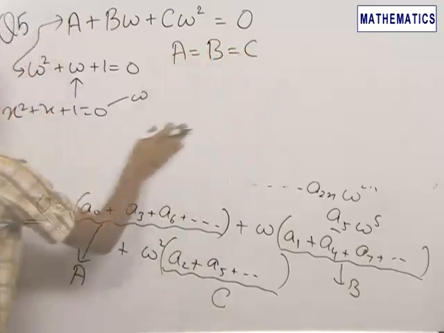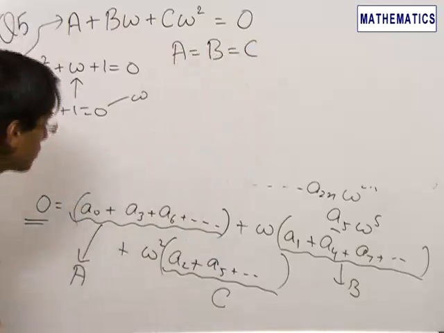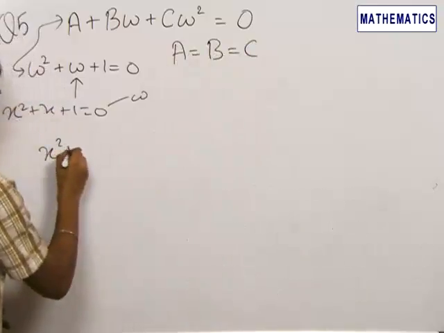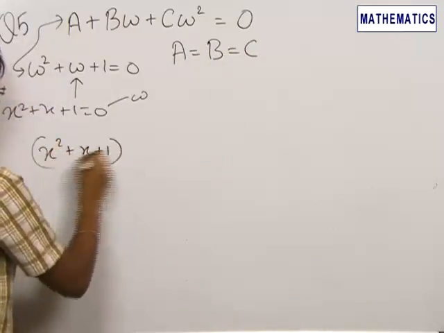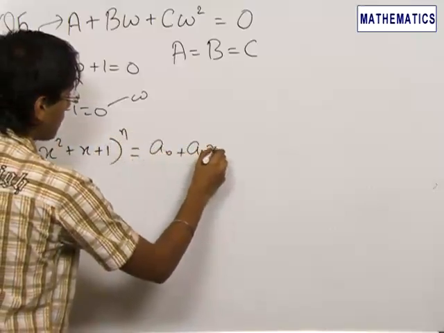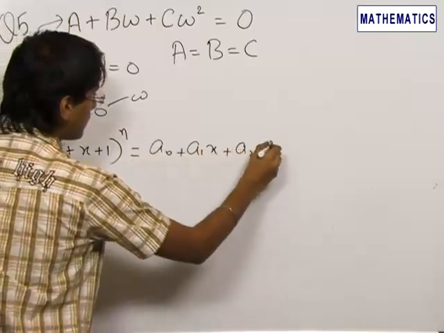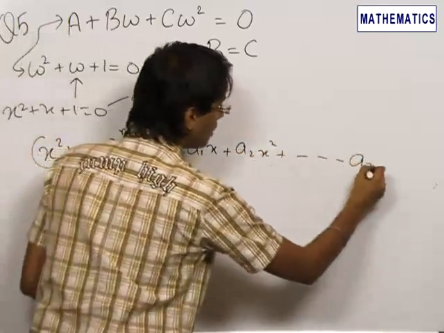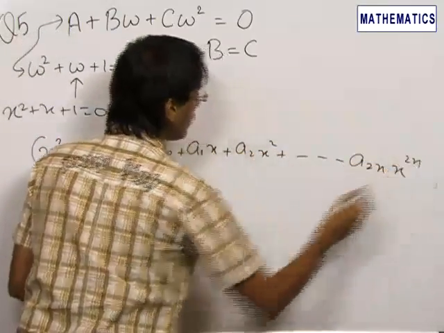Now our original expression was (x² + x + 1)^n equal to a0 + a1x + a2x² up till a2n x^2n.